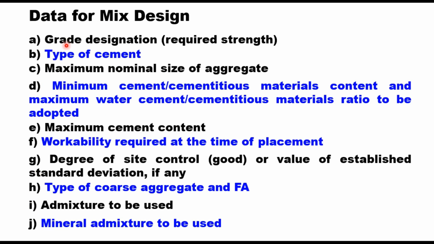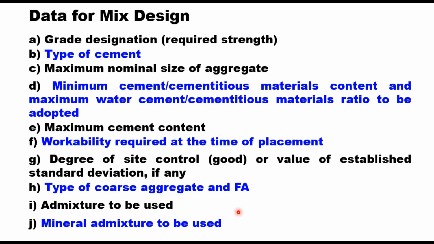You need the grade designation, that is the required strength, type of cement to be used, maximum nominal size of aggregate, minimum cement or cementitious material content, and maximum water cement or cementitious material ratio to be adopted, maximum cement content, workability required, that is the slump value, degree of site control generally taken as good or a value established through standard deviation, type of coarse aggregate and fine aggregate, admixture to be used, and mineral admixture to be used. So these are the data generally required for design of a mix.